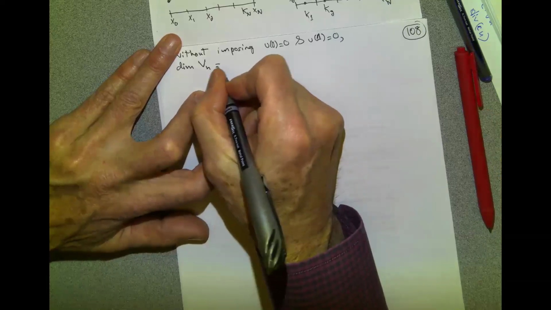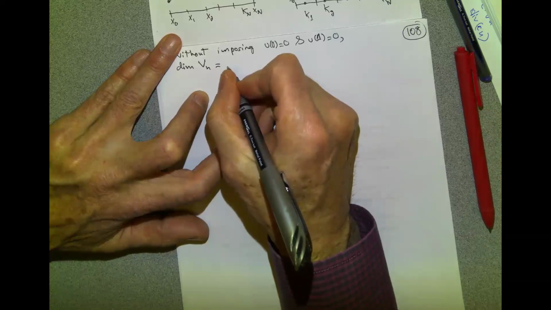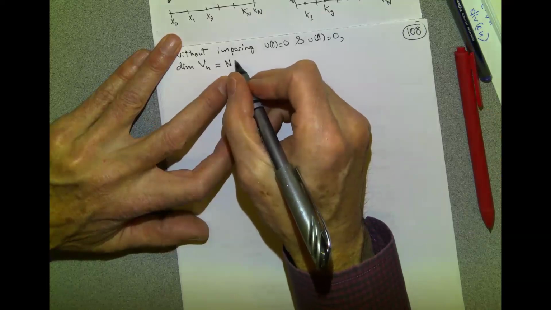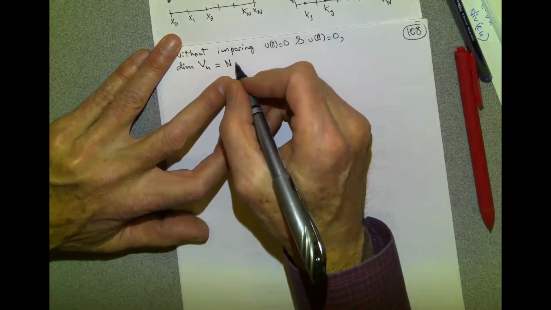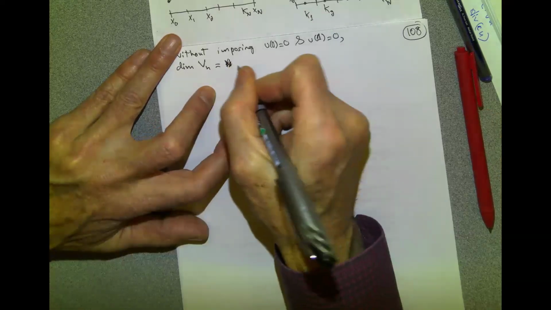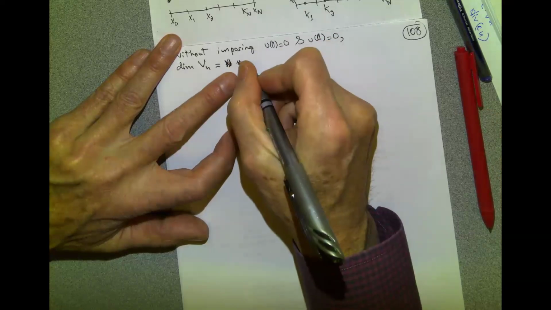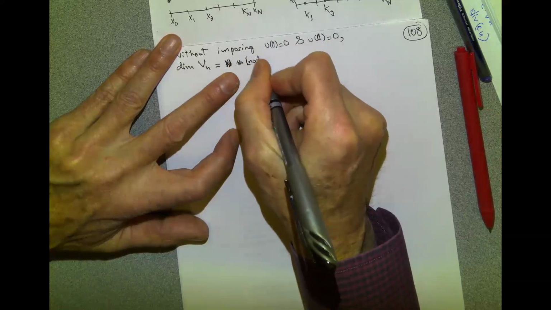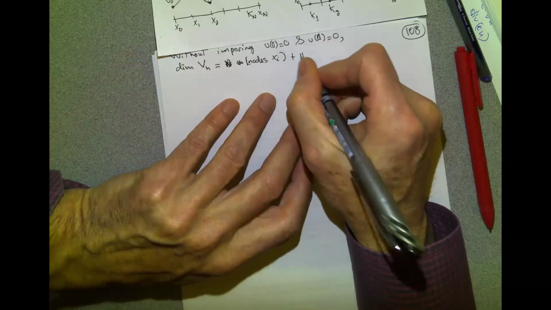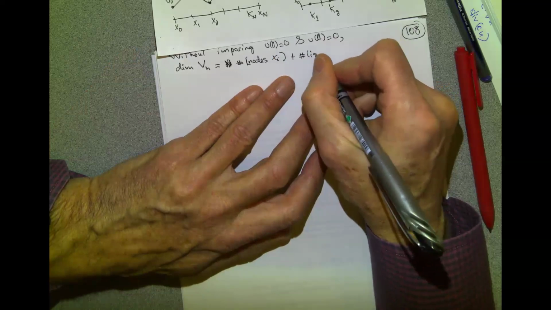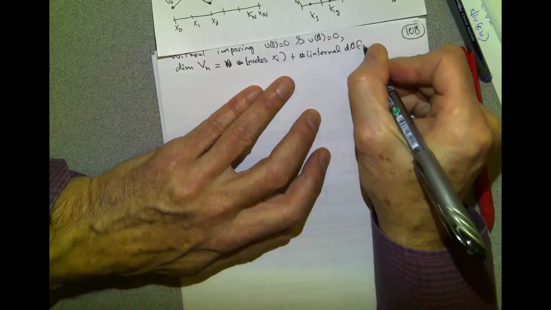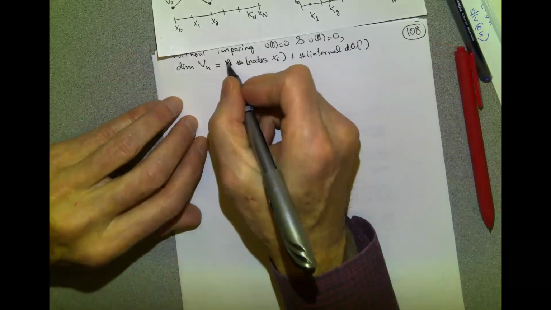So that's going to be the number of elements, which is n, times L minus 1, plus the number of nodes. So let's write it this way. The number of nodes plus the number of internal degrees of freedom, just to see what is the dimension of the space.